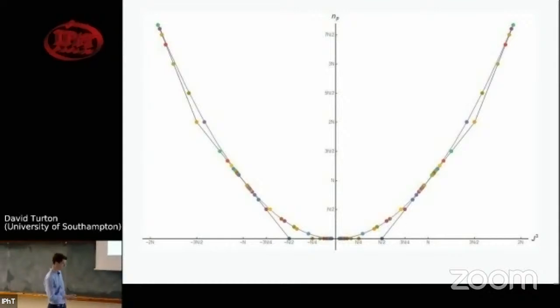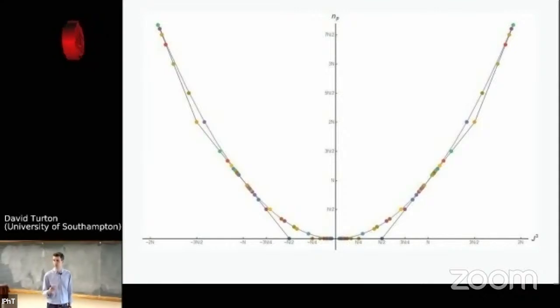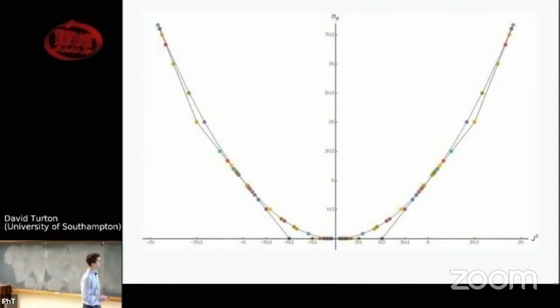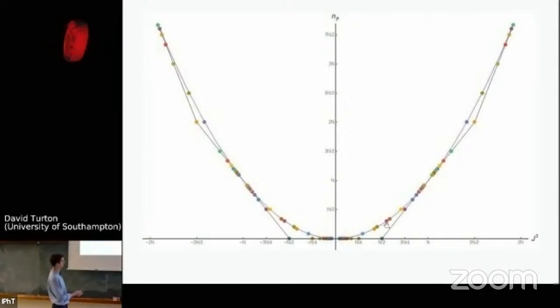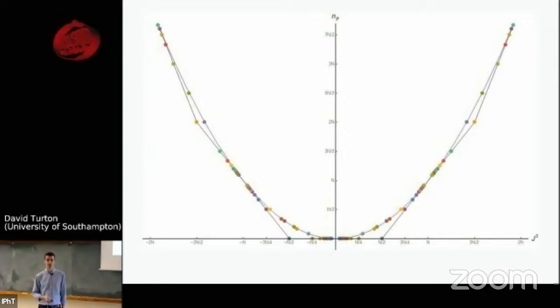So all of them are outside the parabola, and the parabola demarcates the region inside here where we have BMPV black holes, single-centered. Outside the parabola, there's a more complicated phase space, which involves black rings and supertubes, and we don't need the details really for today. But this is just to emphasize the difference between what we can get with integer spectral flow and fractional spectral flow. Any questions on, yeah?